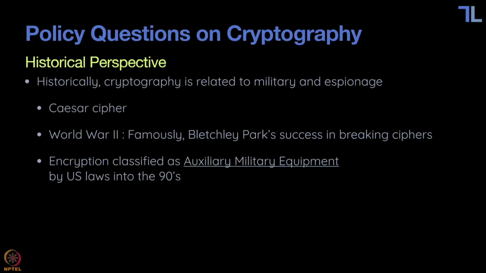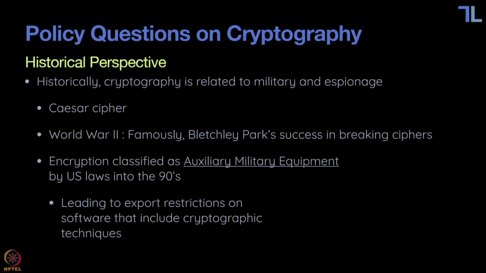Right? It was considered military equipment, and that came with export restrictions. So if you built some software in the US which used a strong encryption algorithm, you're not allowed to put it up on the internet or sell it to some people outside the US. That was a law till the 90s.